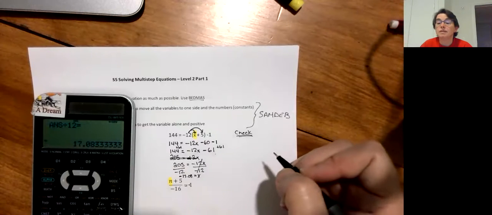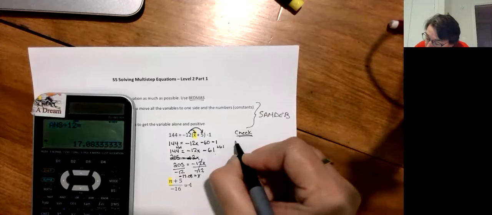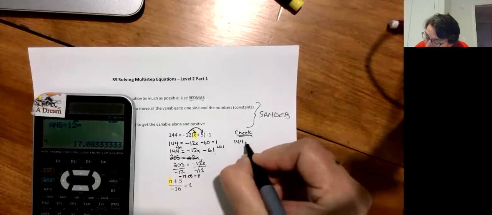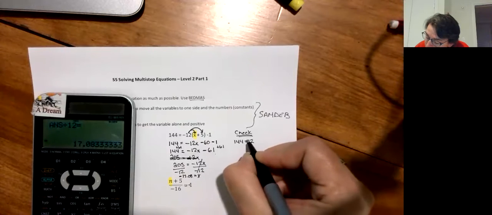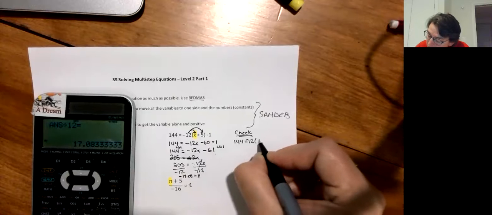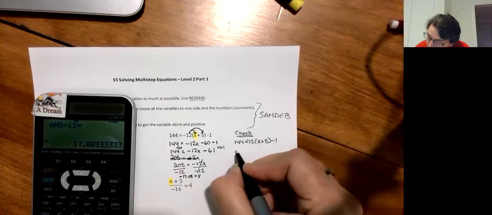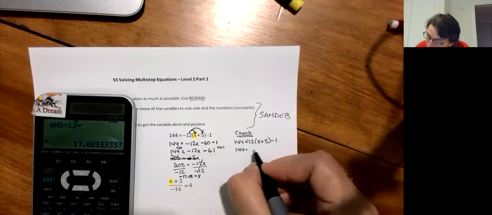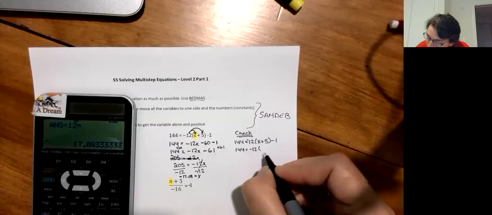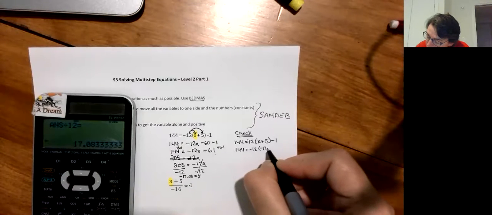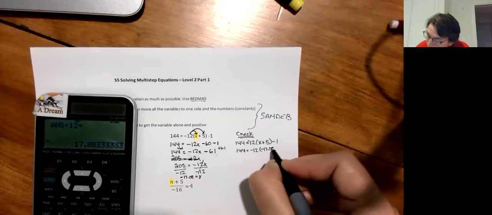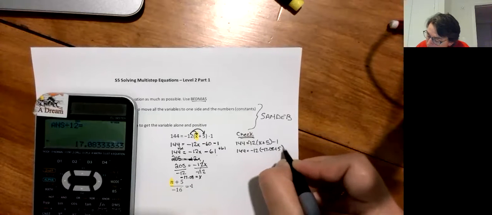Anytime I'm not sure about my answer, I'm going to do a check, make sure we're okay. So 144 equals minus 12, x plus 5 minus 1. Now we substitute negative 17.08 in: 144 is equal to minus 12 times negative 17.08 plus 5 minus 1.